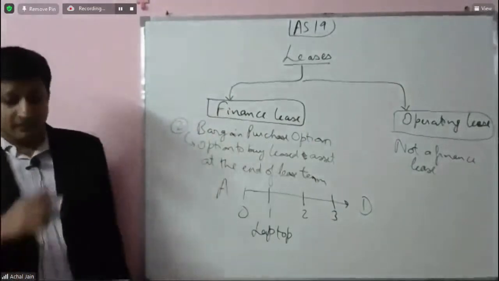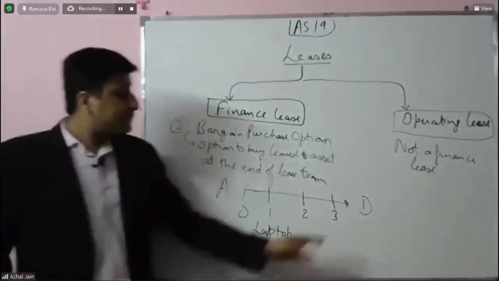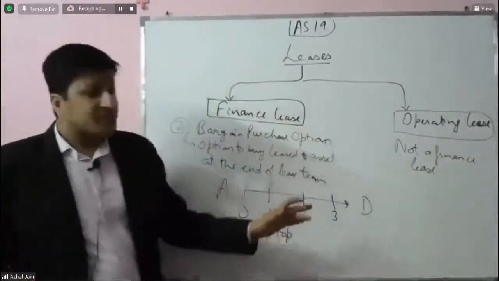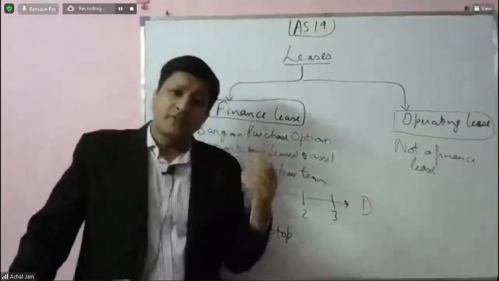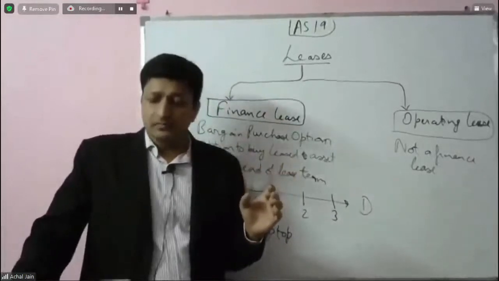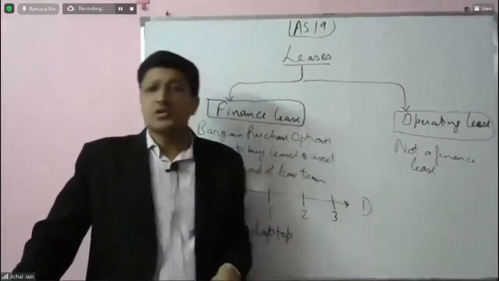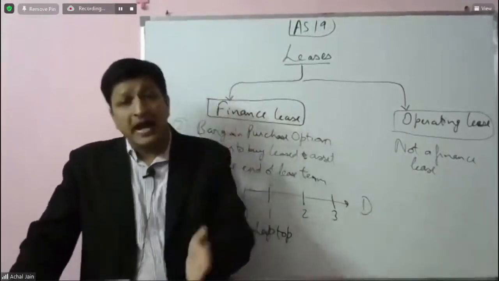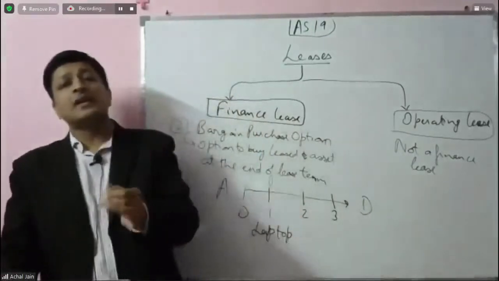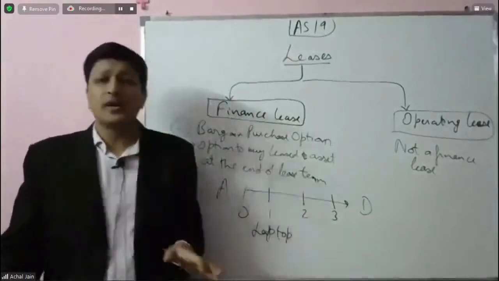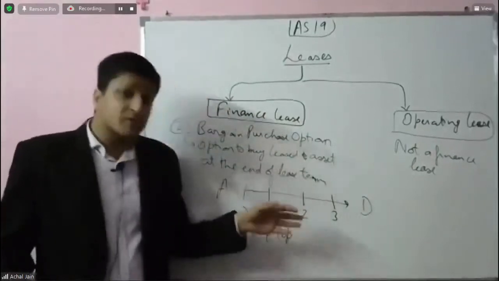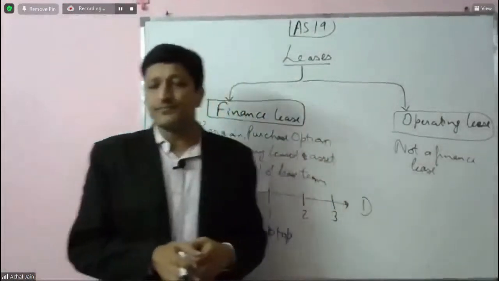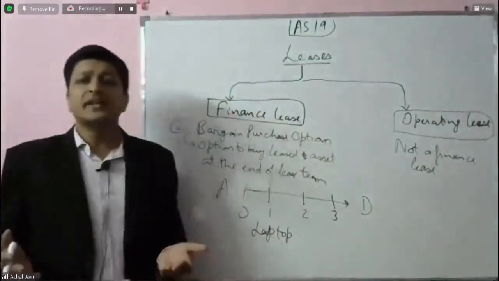Now here again, if D is given an option that after 3 years, after using this laptop, if D wants, he can also buy this laptop at a value which is below market value. And that value is also fixed at the time of inception of the lease. So what does it indicate?